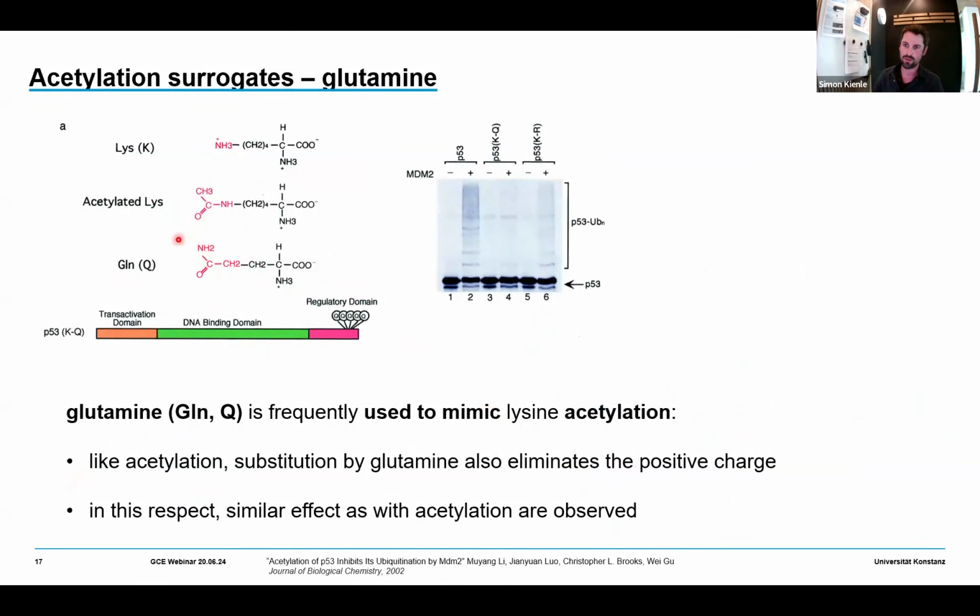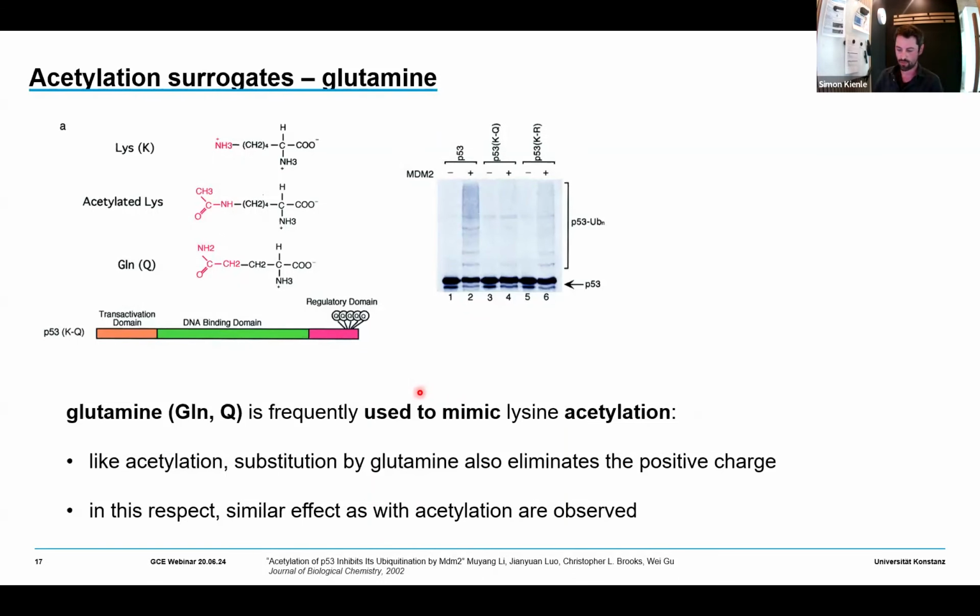They used glutamine because they concluded that glutamine also eliminates the positive charge, similar to acetylation. In this respect, they are more or less right, because glutamine also eliminates the positive charge, but there may be different attributes of acetylation which contribute to the effect of acetylation.